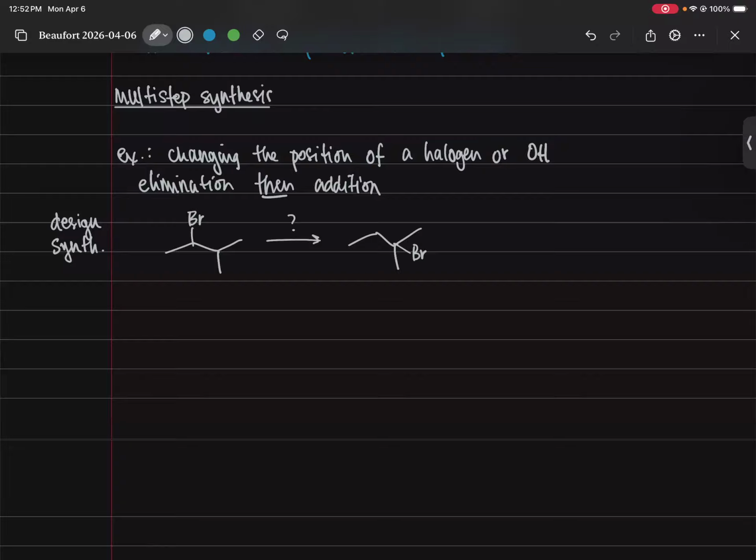Okay, so we can't do this in one step. If you go through all the reactions that we've learned, there isn't one that just magically scoots the bromine over.